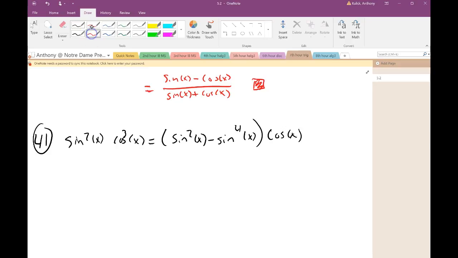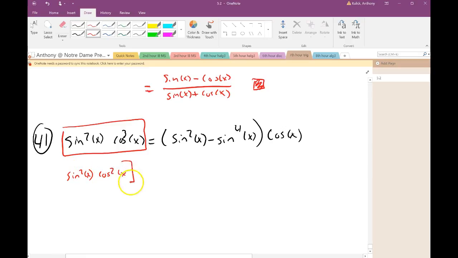Okay. I think I want to work on this side. And I'm going to start just by rewriting cosine to the third as cosine squared, and then times cosine. The reason I did that is just because now I have that cosine part taken care of.